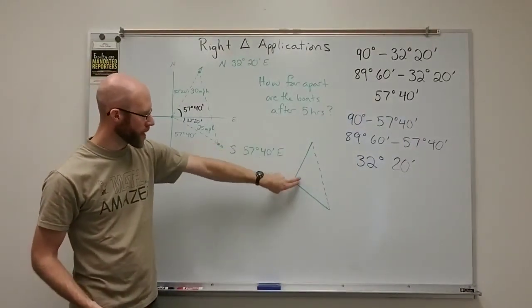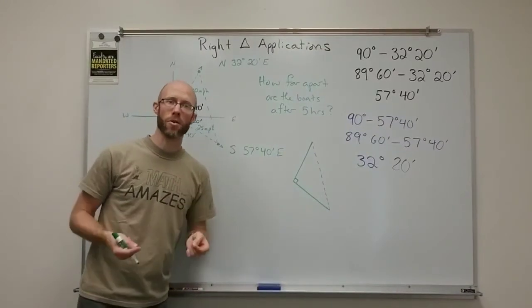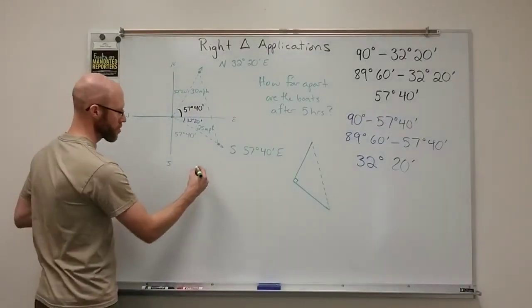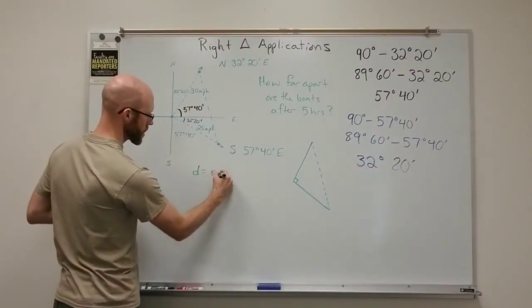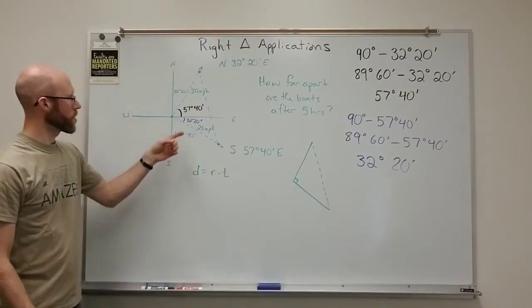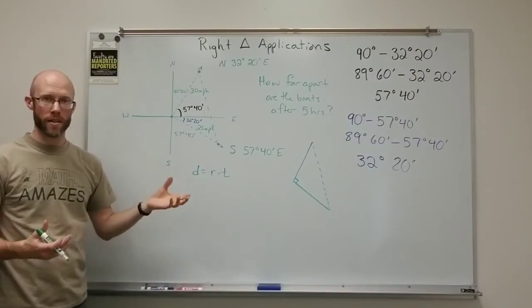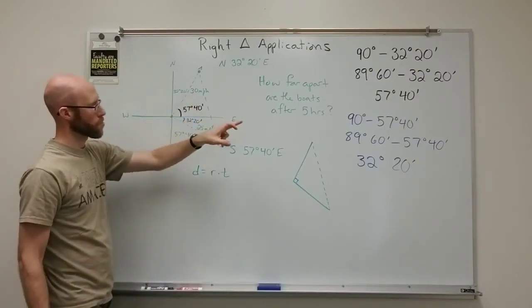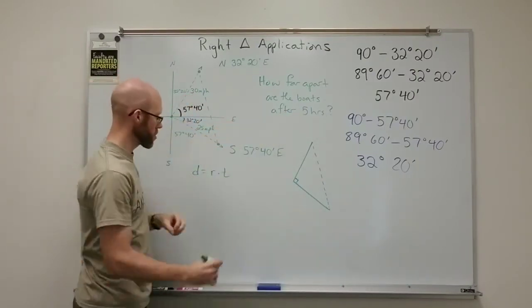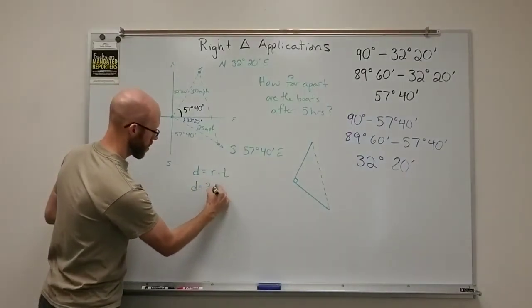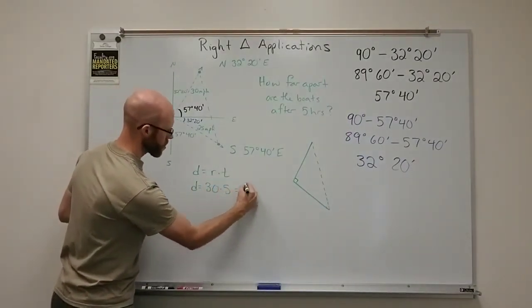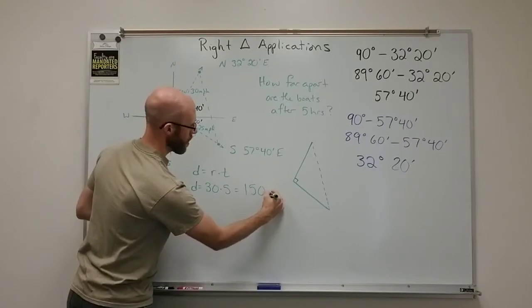The two sides, the two legs of the triangle can be calculated because we know in general distance is equal to rate times time. We're given a rate and a time for each of those sides, so I can find the distance. 30 miles per hour for 5 hours is 30 times 5, which is 150 miles.